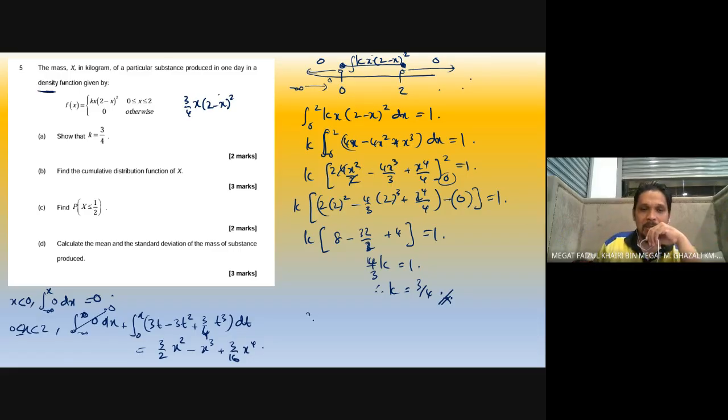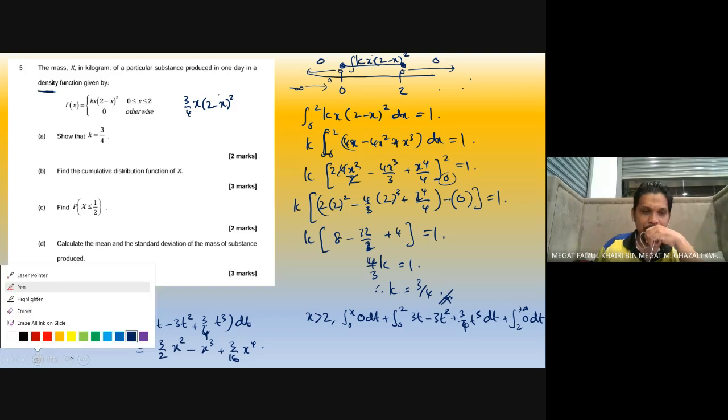And then for x greater than 2, integrate from 0 until x of 0 dt, plus from 0 until 2 of 3t minus 3t squared plus 3 over 4 t cubed dt, plus from 2 to positive infinity of 0 dt.